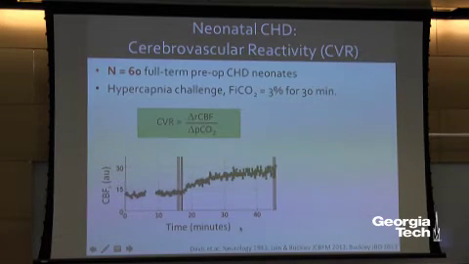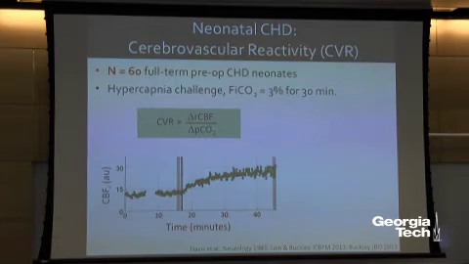So given that we saw decreases in preoperative cerebral blood flow, we wanted to assess whether this was because they were supply limited, right, that their heart wasn't able to just provide enough blood to their brain, or whether they had impaired vascular reactivity. So something about this hypoxic environment had impaired those normal vascular reactive mechanisms that allow your brain to respond to physical challenges.